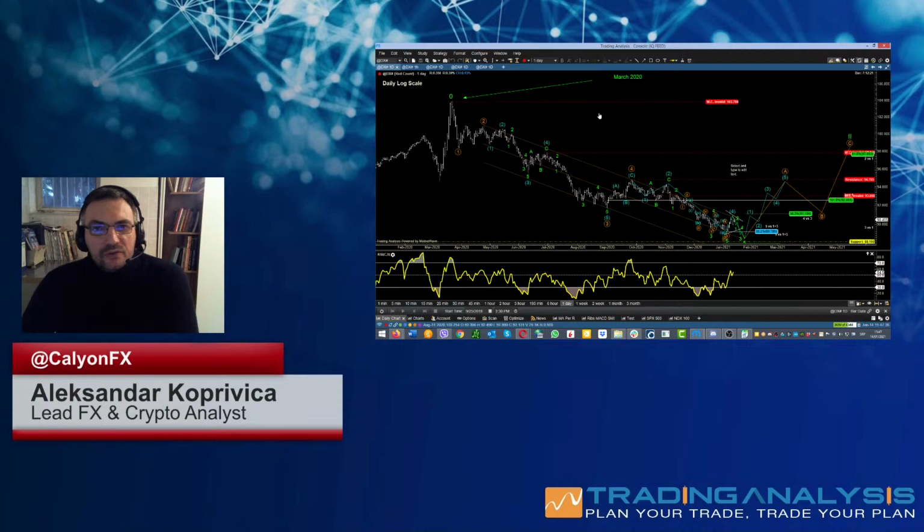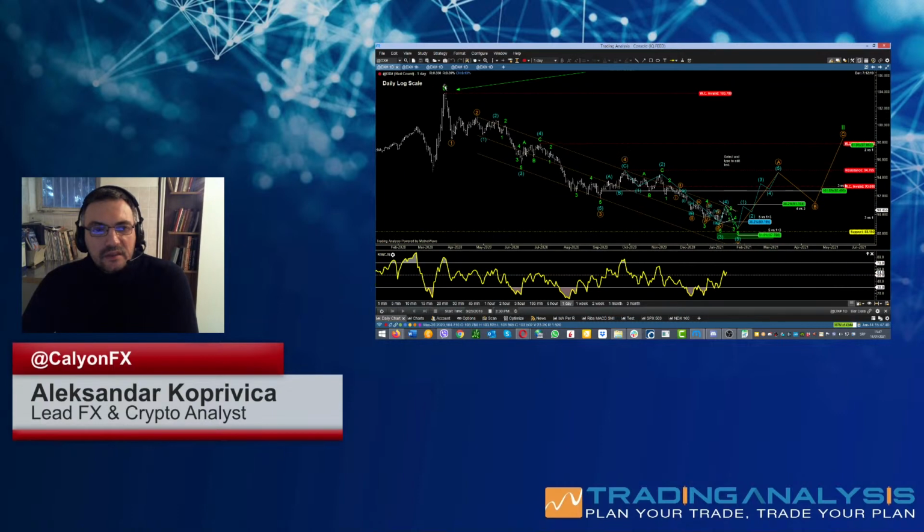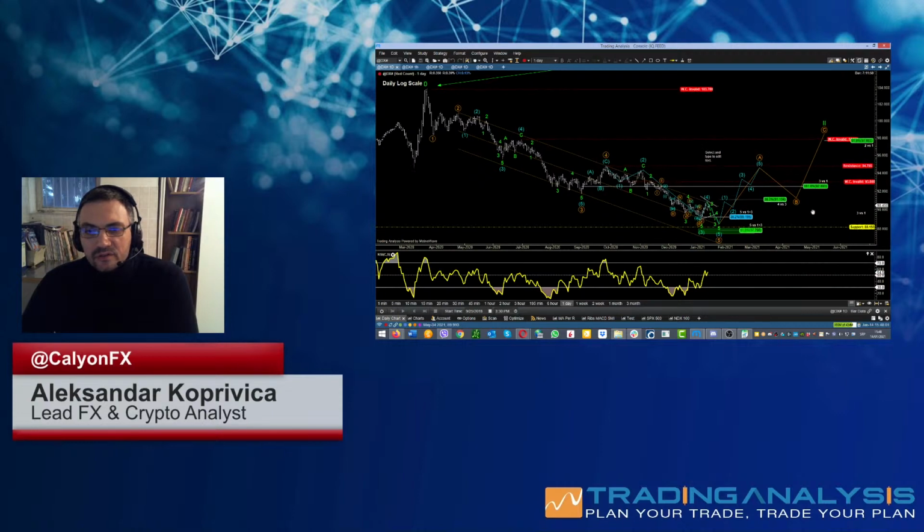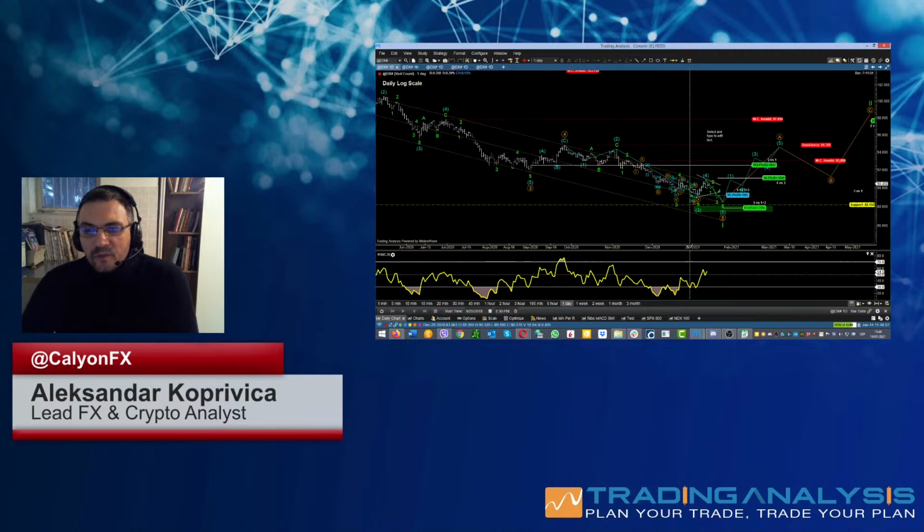From March 2020, the COVID crisis, interest rates moved lower from the Fed. We had the swap lines, increased buying of US Treasuries by the Fed, and then we were looking for a move down in wave 1, up into a very nice wave 3 with the 1.618, which is the usual fib ratio that we look for, then a wave 4 correction, and now we are developing wave 5.